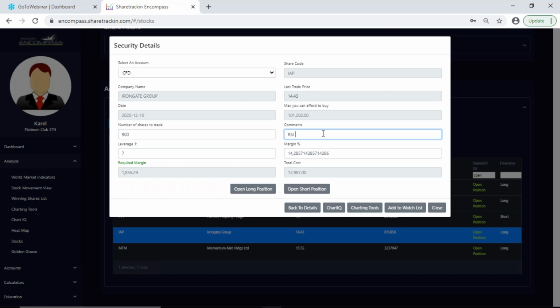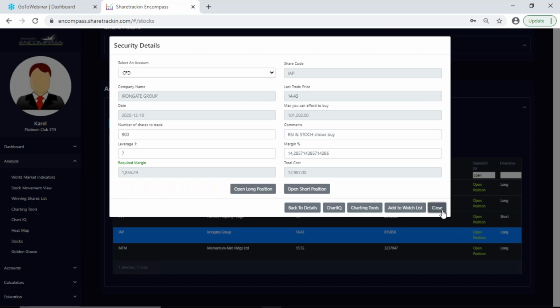So I would just say that my RSI and my stochastic show buy. And that's all I need to fill in. And then I would say open long position. It says here position successfully open.